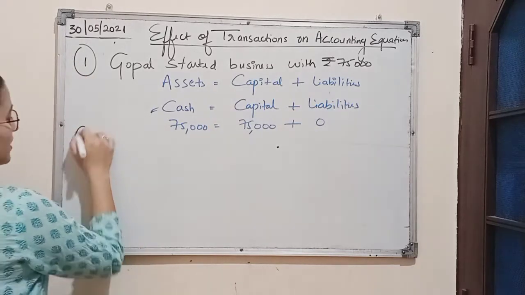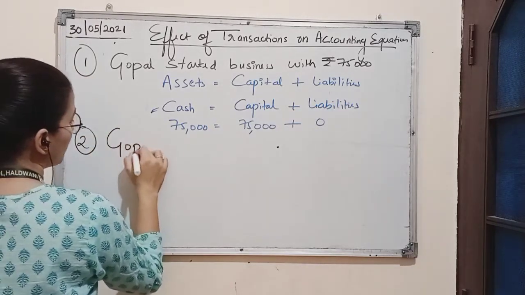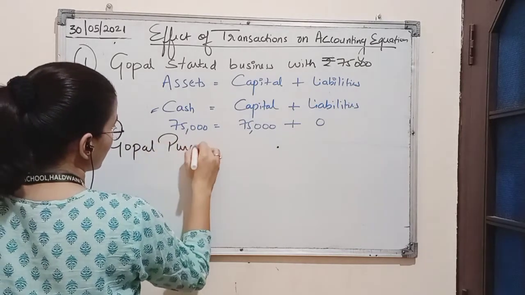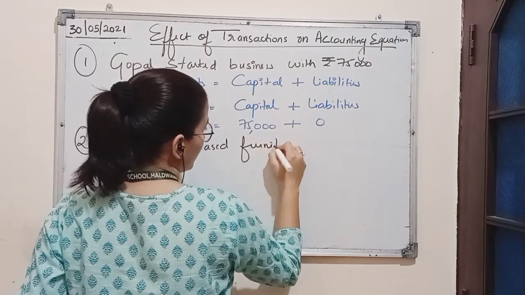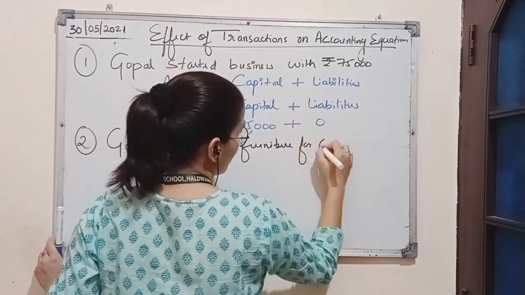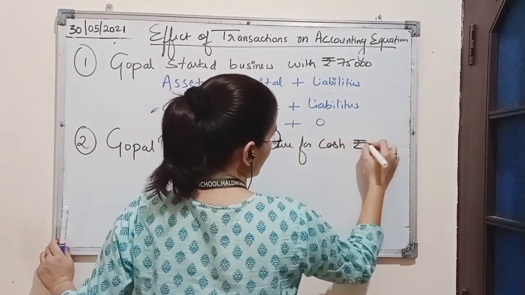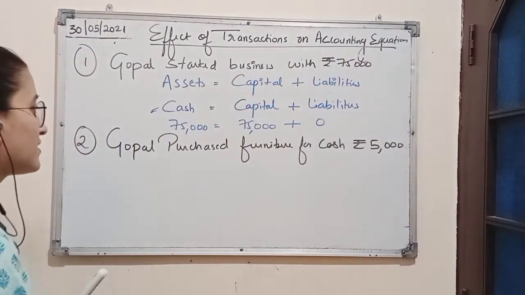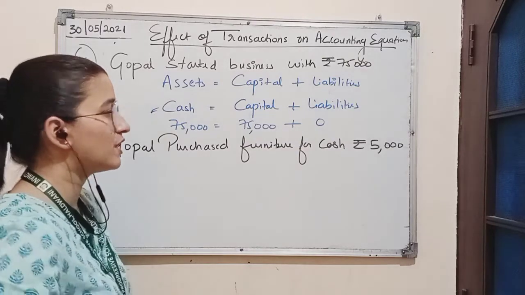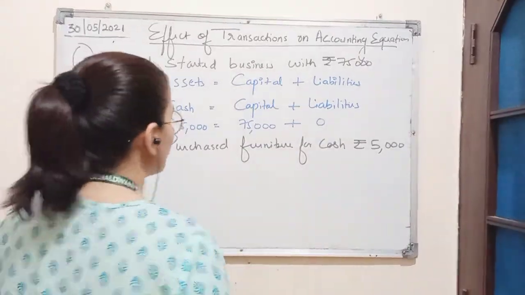Now the next transaction is Gopal purchased furniture for cash amounting to rupees 5,000. So here the transaction is Gopal is purchasing furniture for cash amounting to 5,000 rupees.